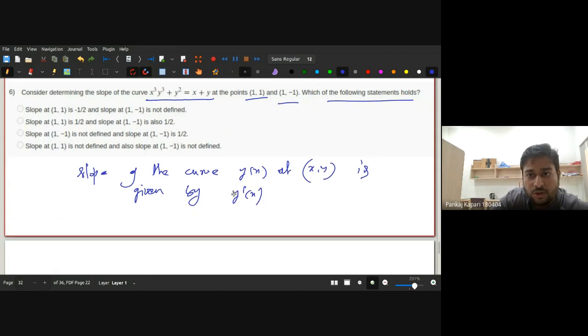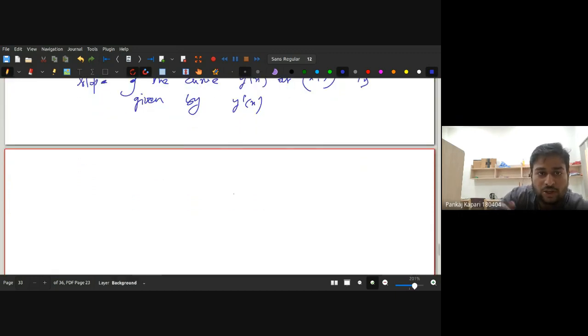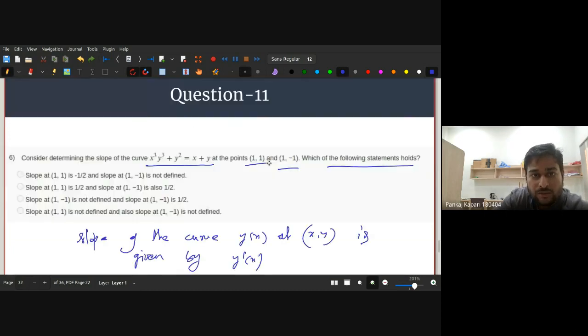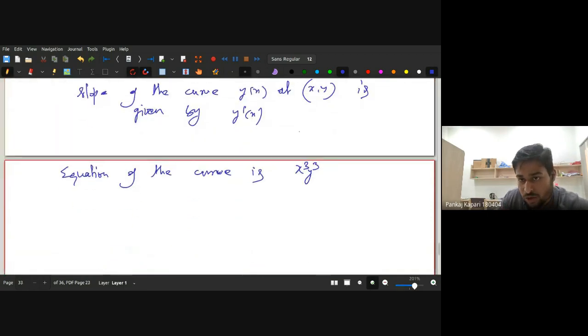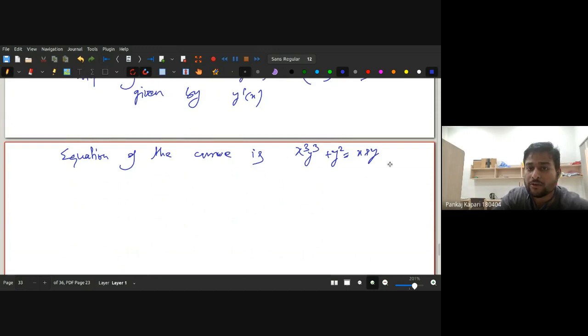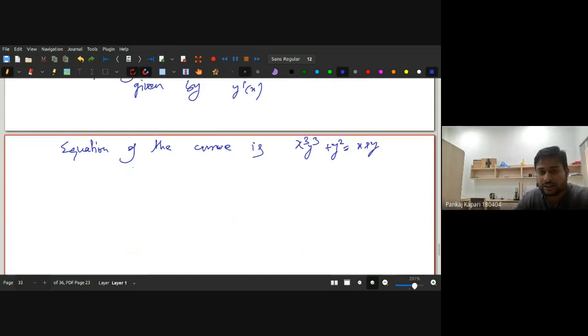The derivative is the slope, and this is the equation of the curve: x cube times y cube plus y square equal to x plus y. Now we have to find the derivative of y, so just differentiate the equation on both sides.